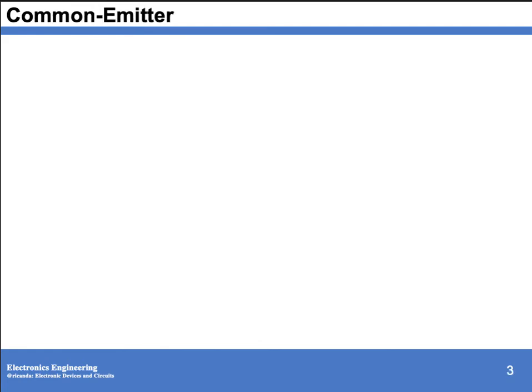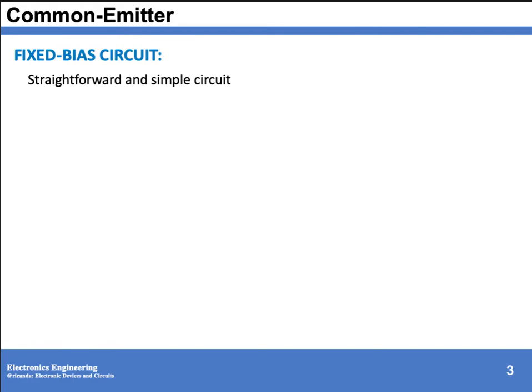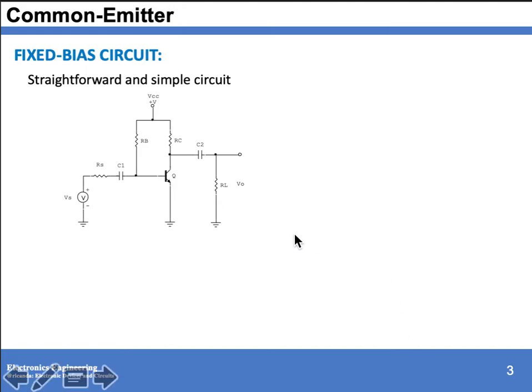So we have this first configuration, the common emitter. Under common emitter, we have the fixed bias circuit. It is a straightforward and simple circuit. So we have an amplifier without an emitter resistance.